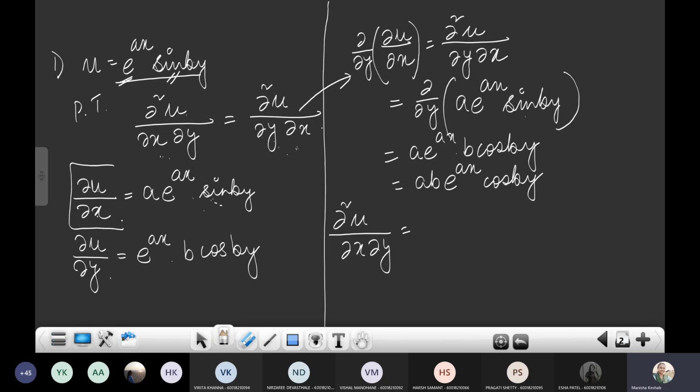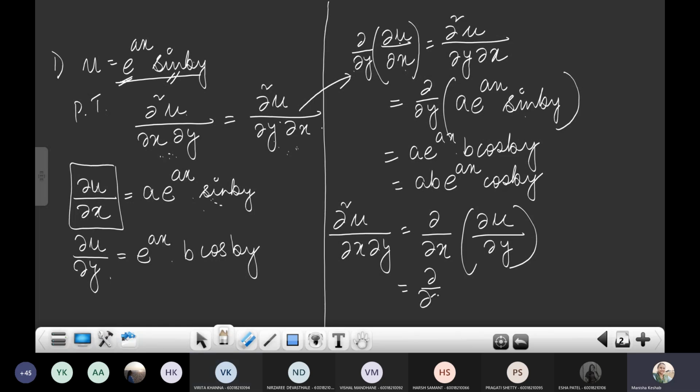Yes, so del u del x, it doesn't matter. Both are the same, that is what we have to show. We considered del u del x and differentiated it with y, and now del square u del x del y is del x of del u del y. So we want to show that both are giving us the same value.